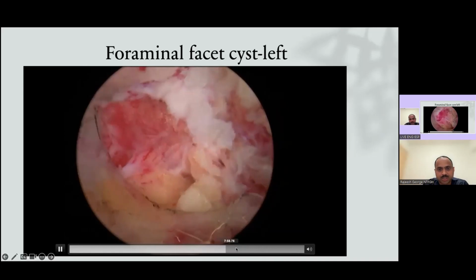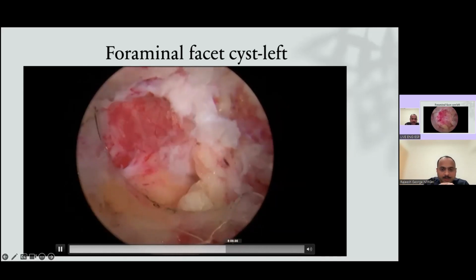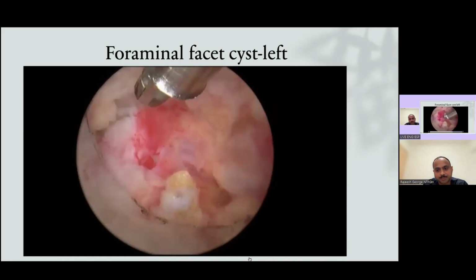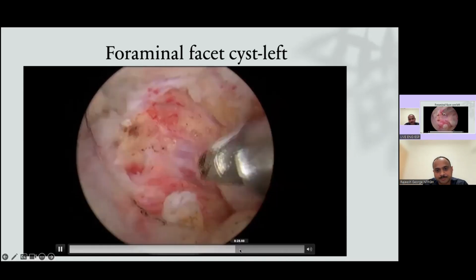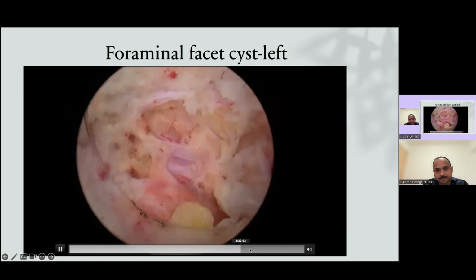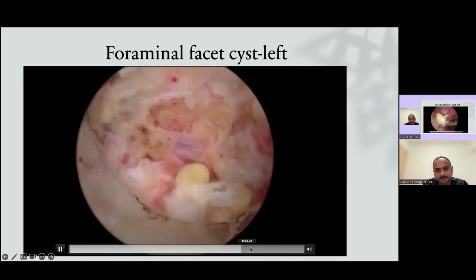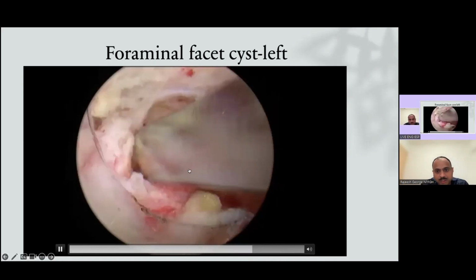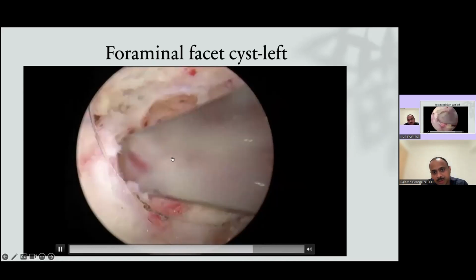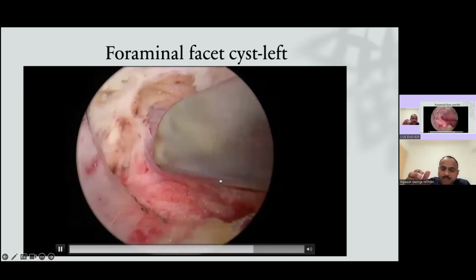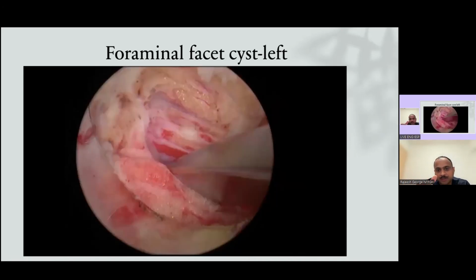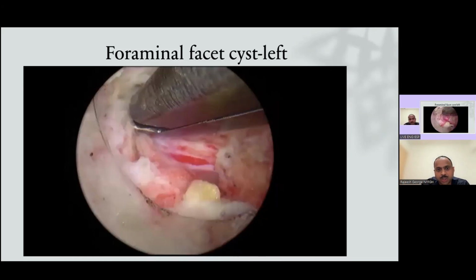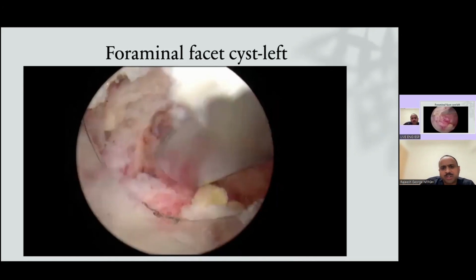And now you will slowly start seeing the exiting nerve root coming into view. There. So you can start seeing the nerve root there because the red structure is crossing this way. So once you see that, again, I use the dissector to create a plane. So you can see the view that you get with UBE technique, and it's beautiful.